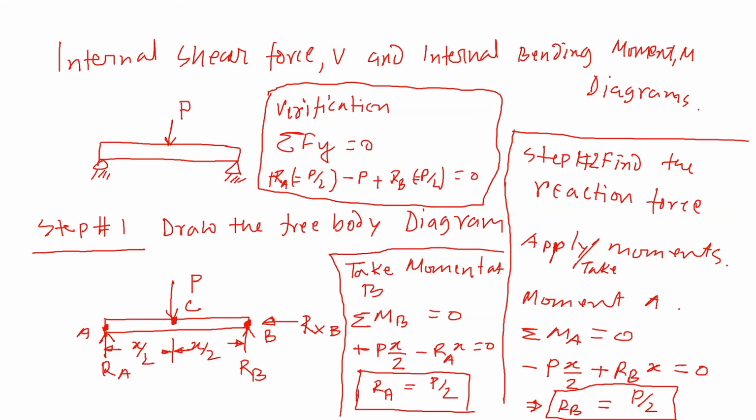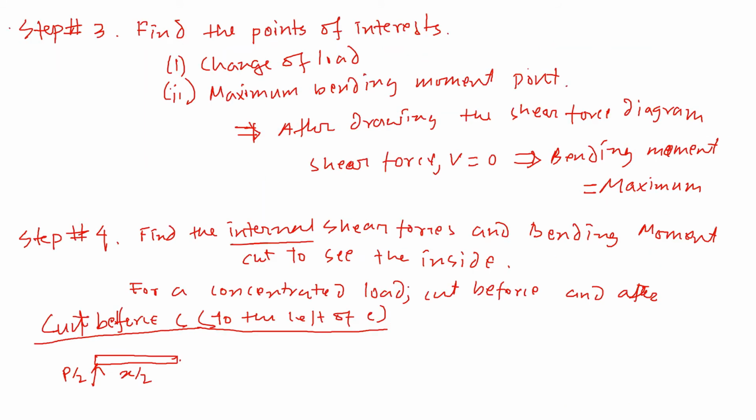After cutting, we don't see anything on the right side. Now this force P by 2 is acting upwards, and to balance that we need to apply some force downwards.